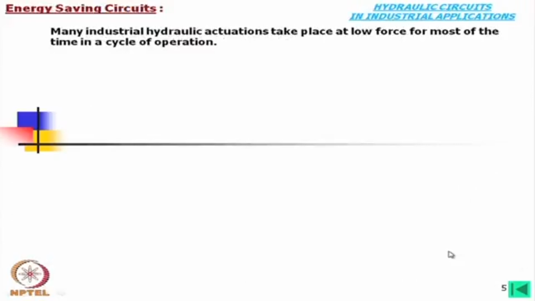Many industrial hydraulic actuations take place at low force for most of the time in a cycle of operation. While designing, we can go for various systems, but depending on the operation cycle, how much we need to operate the circuit within a time period, we can design the circuit accordingly.